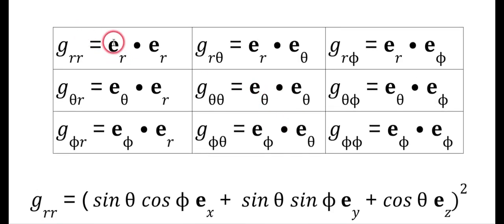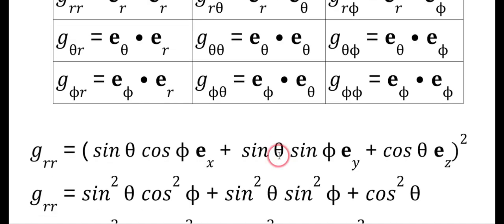We multiply these out, right? ER dot ER is the same as ER squared. And once again, we're going to square a polynomial with three terms. We should get 9, but we don't, because EX dot EX is 1, EY dot EY is 1, EZ dot EZ is 1, but EX dot EY is 0, and EY dot EZ is 0, etc. So we only get three terms.